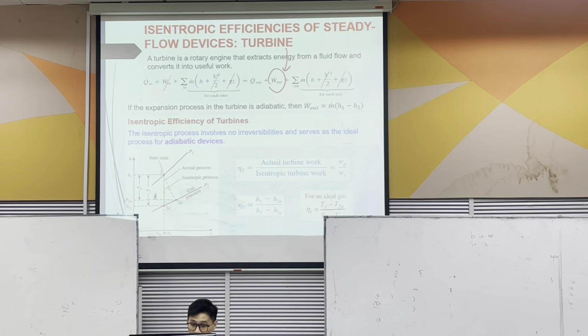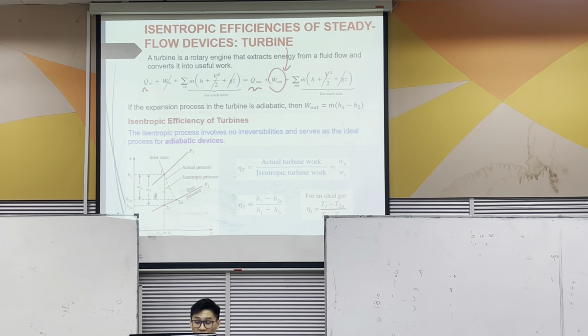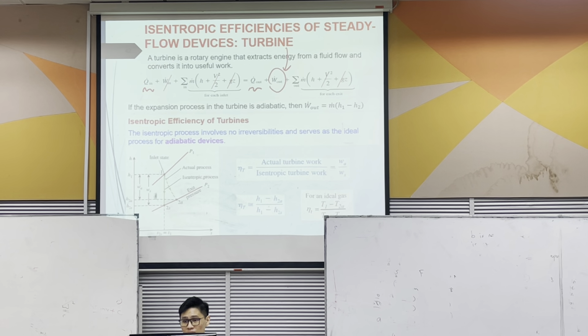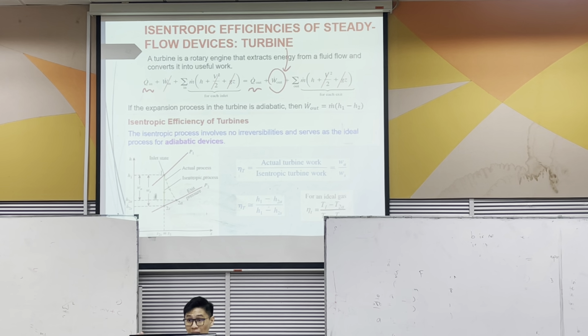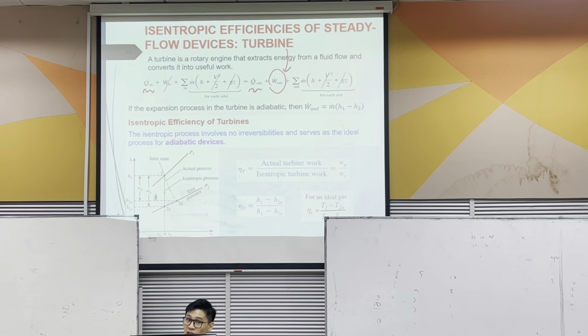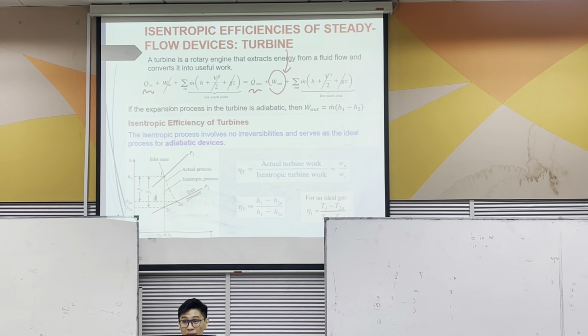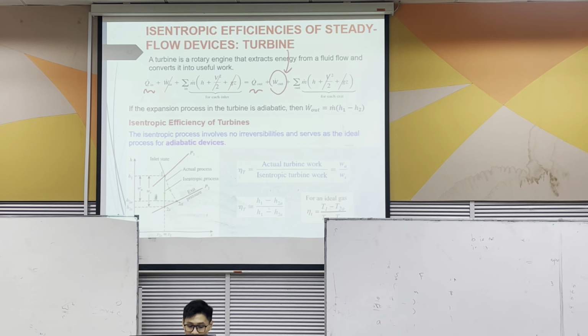Work out. Sometimes we might have Q out or Q in depending on the fluid temperature or surrounding temperature. During the expansion process of a turbine, you might have some heat loss or gain, meaning you might have some heat transfer, but we don't know what they are. Ideally speaking, we don't want these two, right?